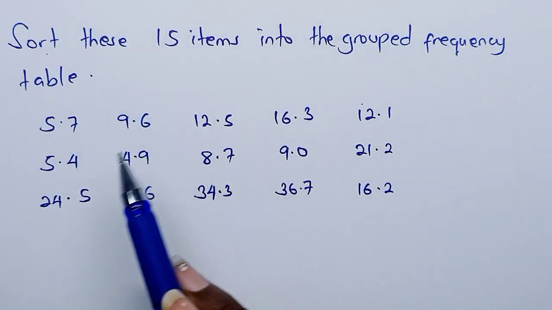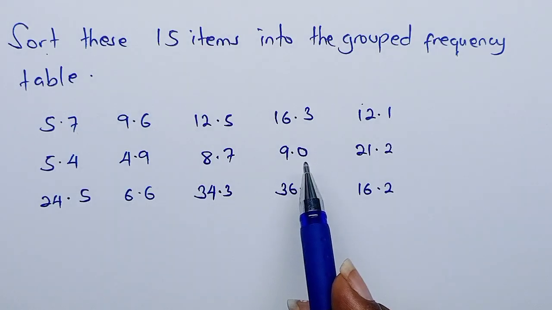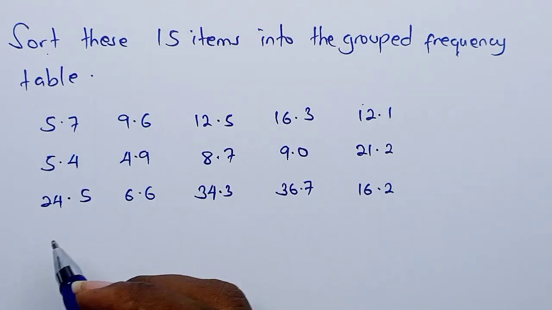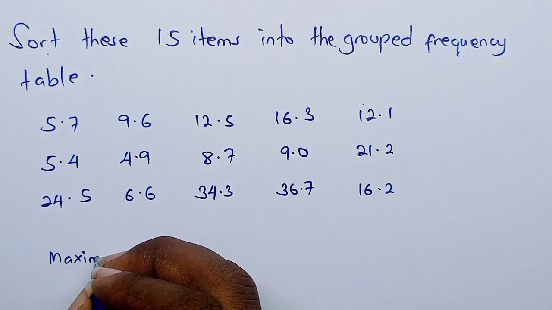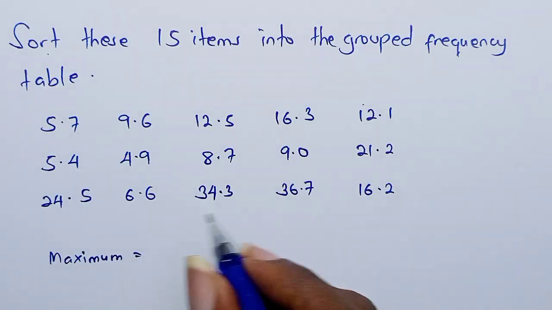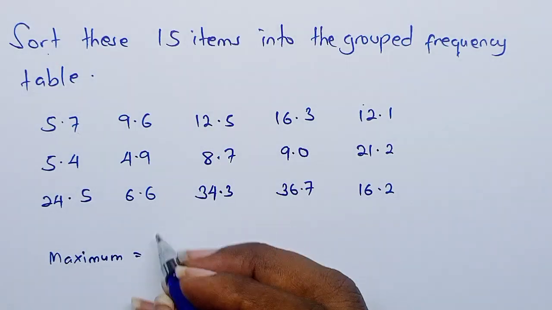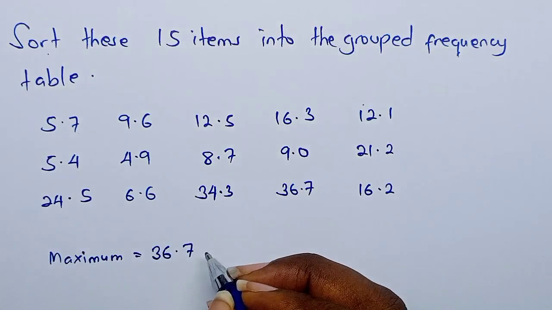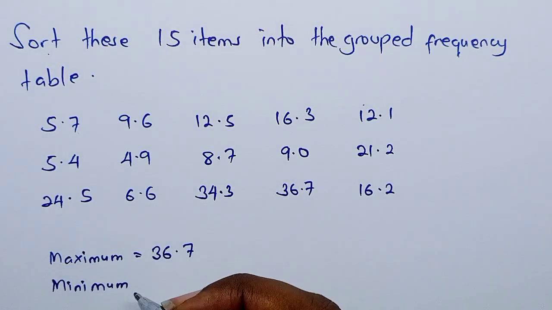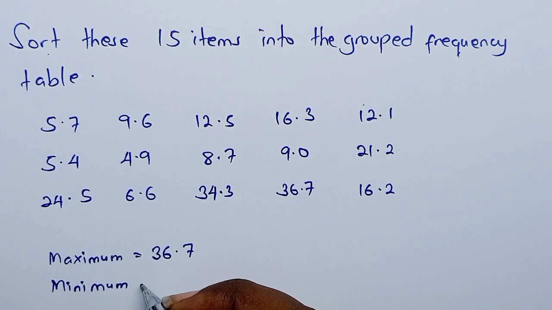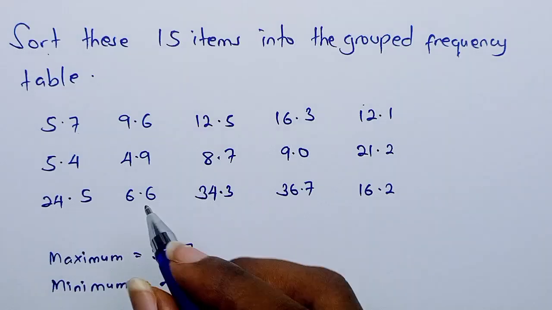If we look through these values, we can find that the maximum number is 36.7 and the minimum number is 4.9.